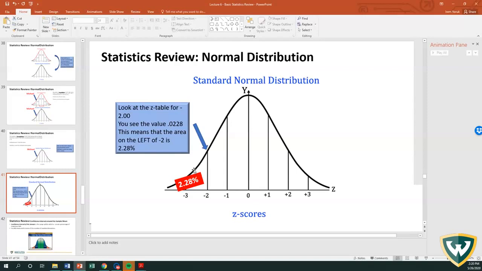So Michael scored in the second percentile, which is a really low score. In other words, only 2% of the class is estimated to score lower than Michael. He is one of the lowest scores in his class.